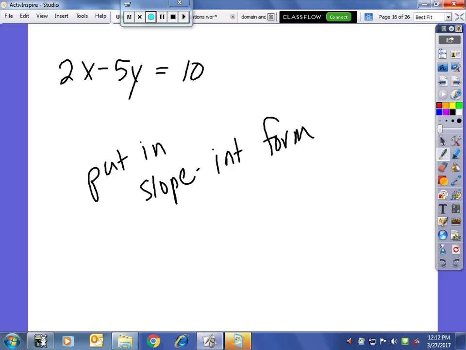Then they might ask you to pick the graph that matches it. They might ask you what the slope is, what the y-intercept is. They might just ask you to write the whole equation. It just depends.